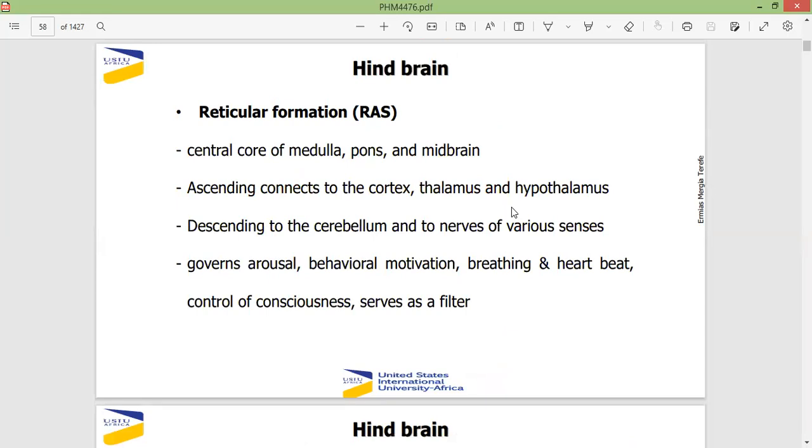Melatonin plays a role in sleep, sleeping and waking up, right? And what controls that pineal gland? There's a rhythm. What rhythm controls it? Circadian rhythm.